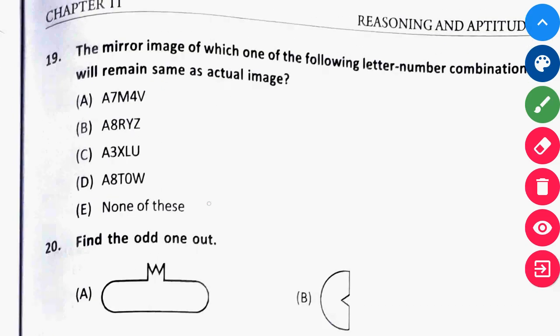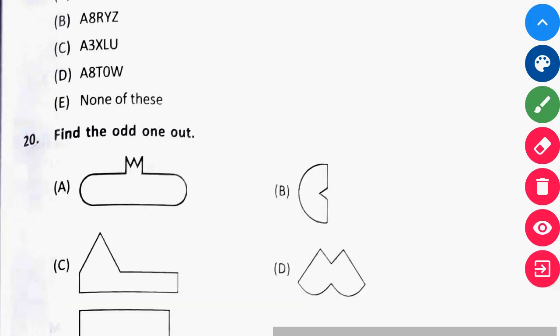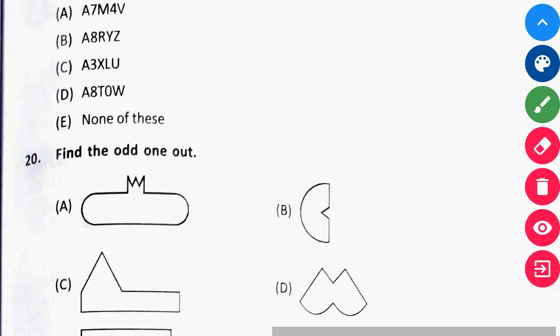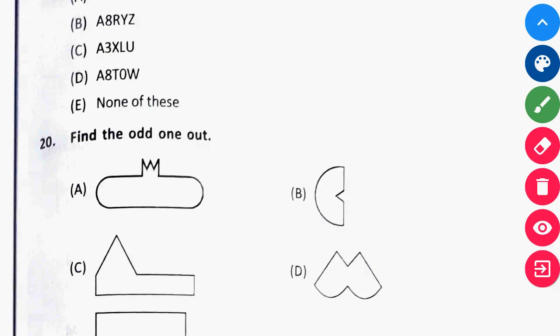Here also you can assume that the mirror is ahead of the letters and you can find which mirror image will look the same as the given letters. The figure which has 8, 0 and T, W, I think D is the answer because T will remain the same in the mirror, O will remain the same, W will also remain the same. So D is your answer mostly, but you try.